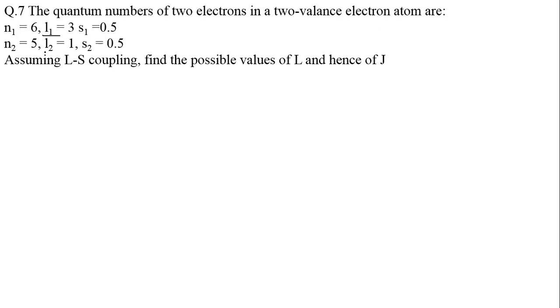Here it is small l1 and small l2 and small s1 and small s2, but L is capital and S is capital. So L will be the vector L1 plus L2. In case of LS coupling, these values go from L1 plus L2 up to the modulus of L1 minus L2.